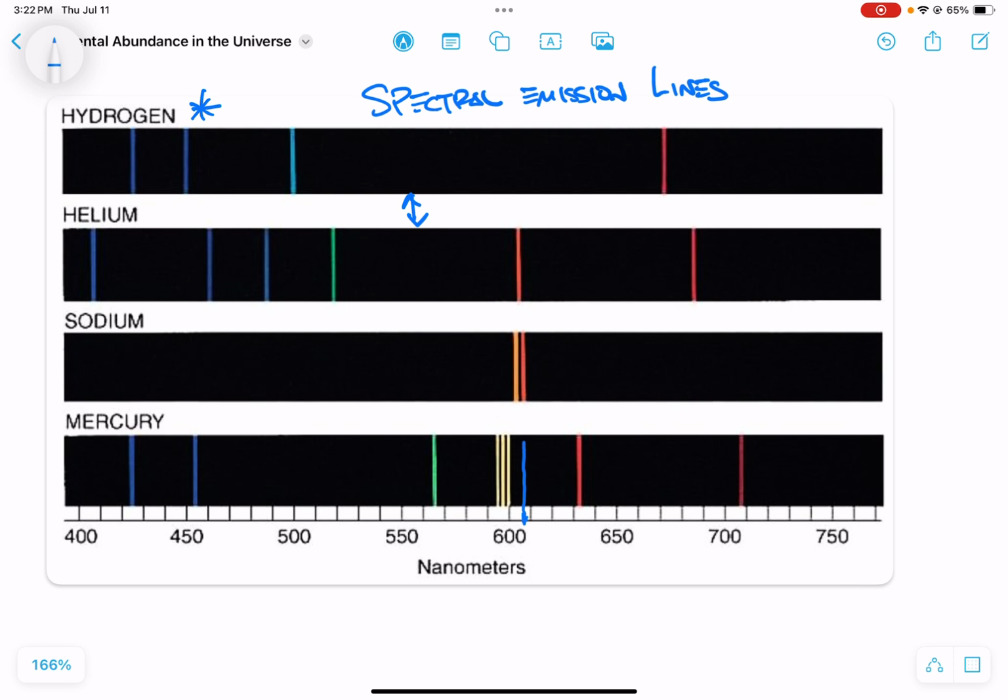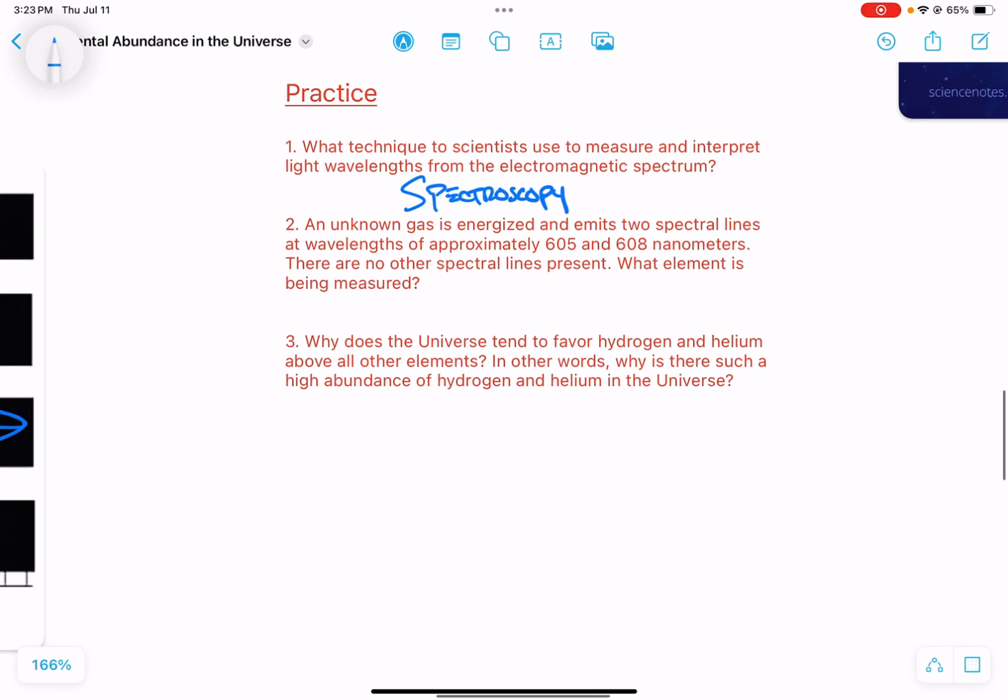We go up. Looks like right here we've got sodium as a likely candidate for our spectral emission lines, okay? And we see that there are no other lines on the rest of the spectrum being emitted by this element, and so sodium is our most likely candidate as the unknown element being measured here.